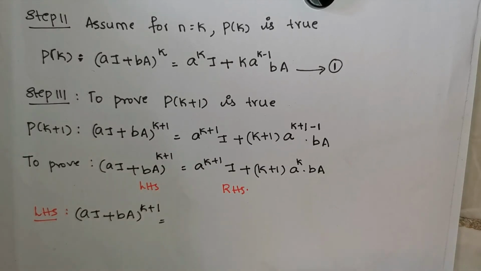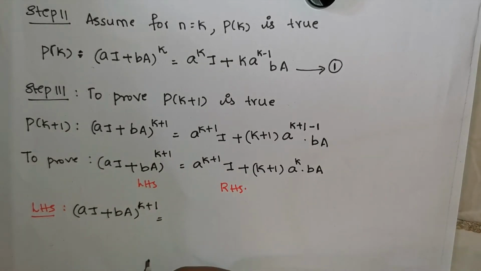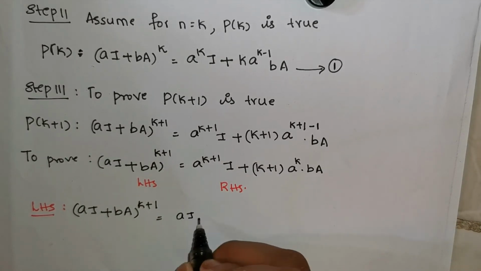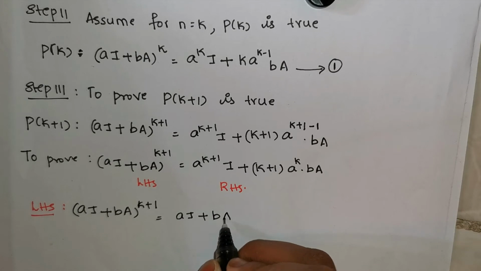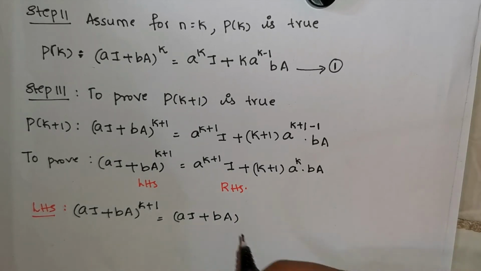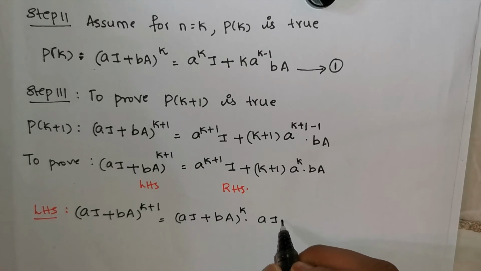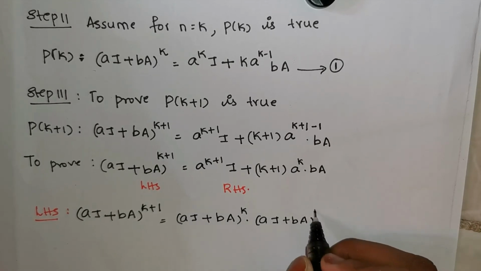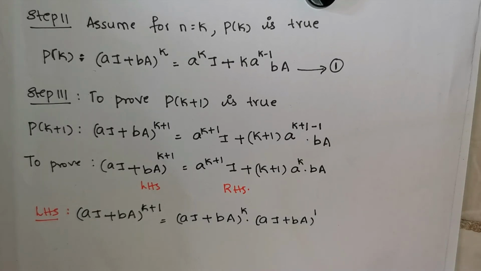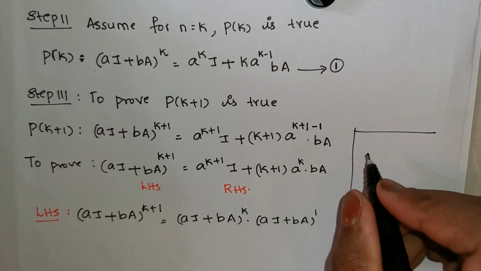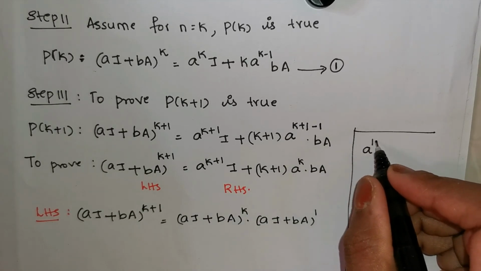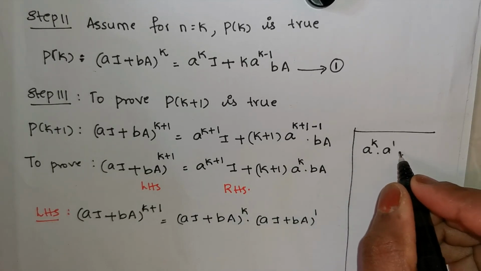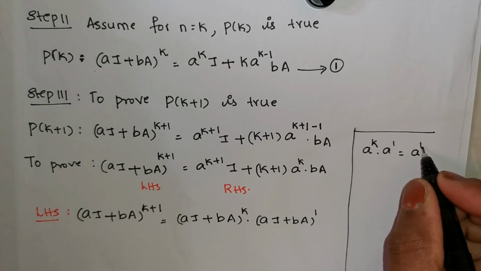Students, how can I split this one? Can I write like this: (ai plus ba) the whole raised to k into (ai plus ba) the whole raised to 1? Yes. Why can I write like this? For example, a raised to k into a raised to 1 is a raised to k plus 1.